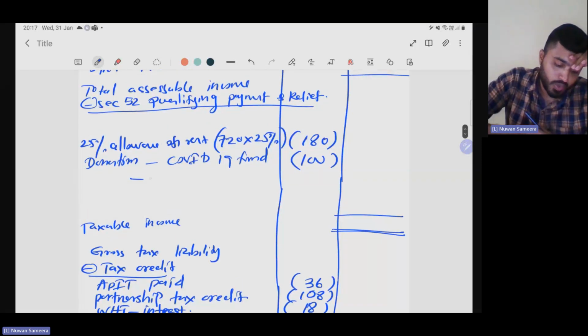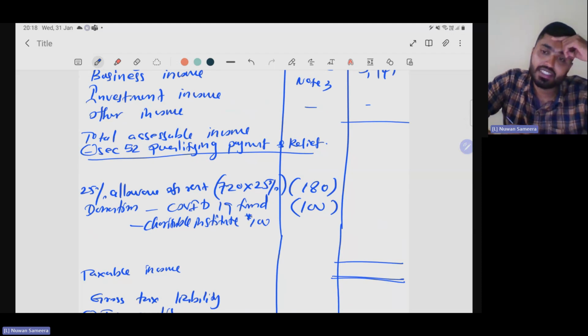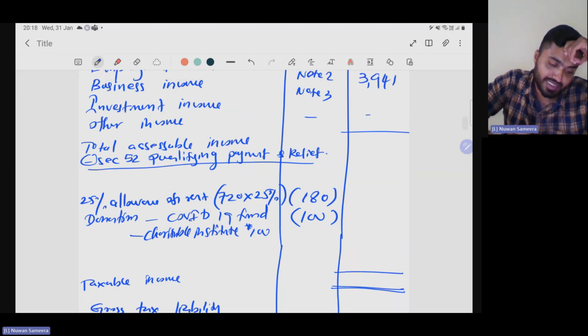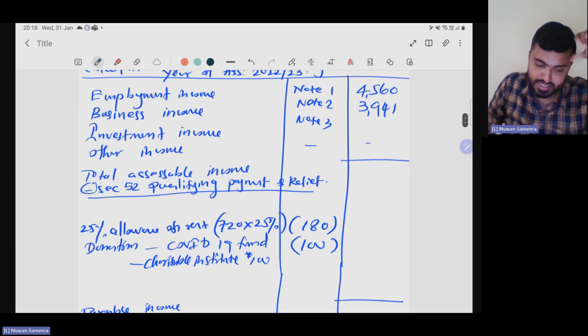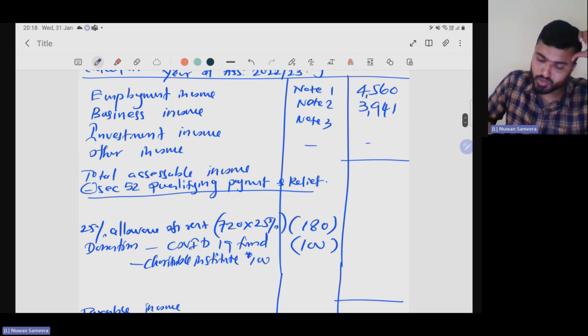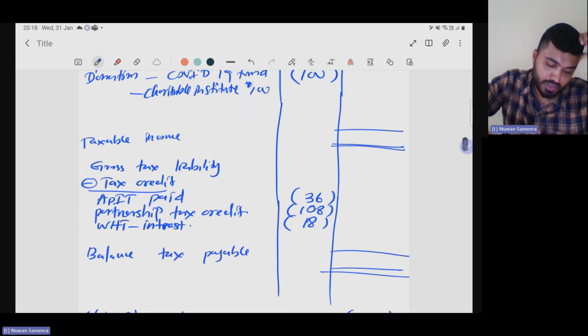Here, for the charitable institute, to calculate that, guys, we have to calculate the assessable income. Therefore, please put a strict mark and 100 here. So now you can calculate the total assessable income: 4,560 plus 3,941. Then we took investment income, but employment not yet.